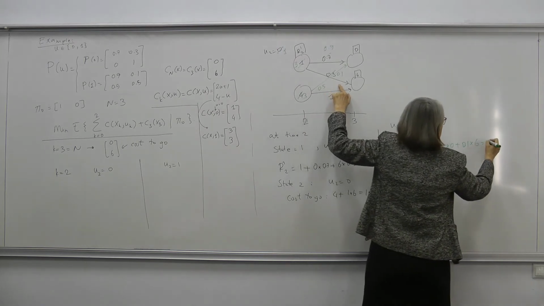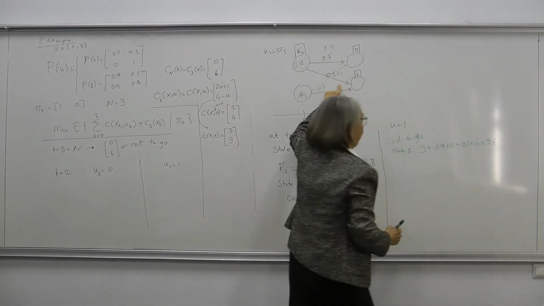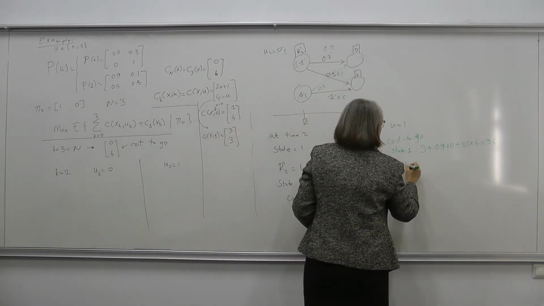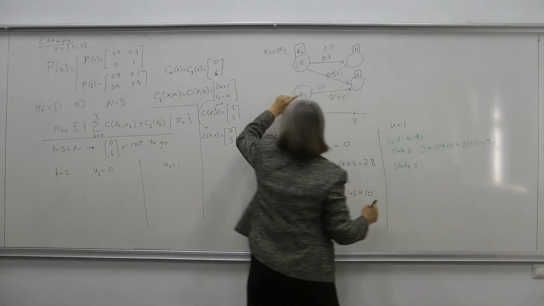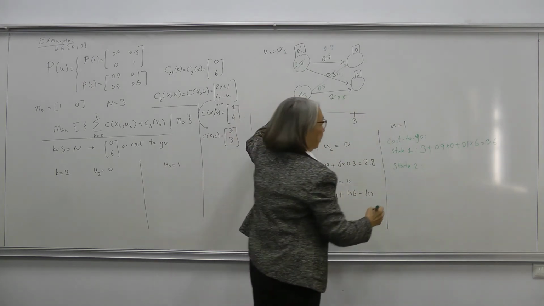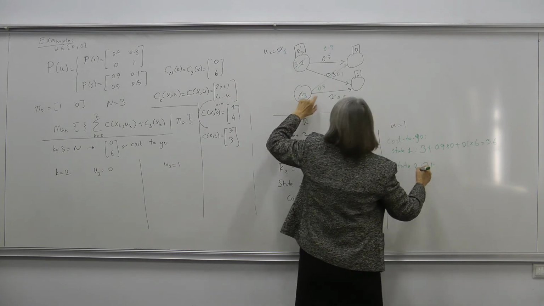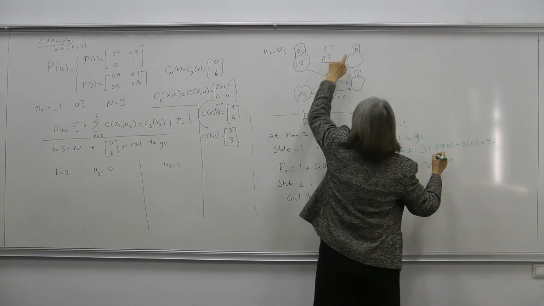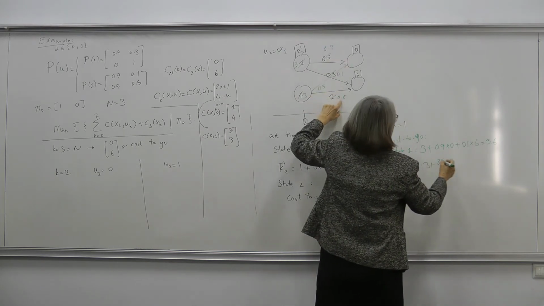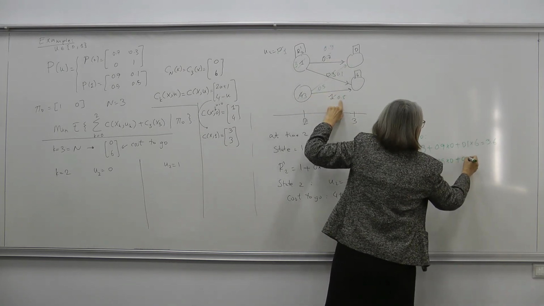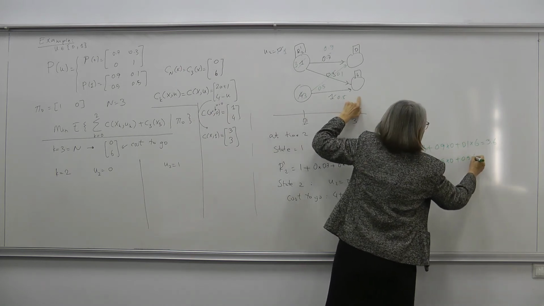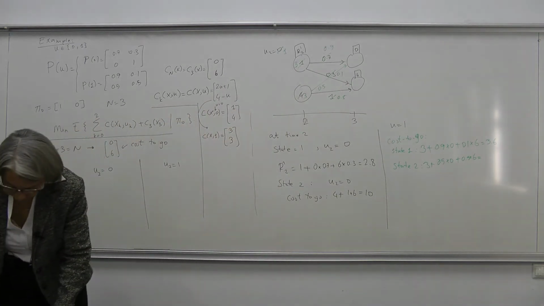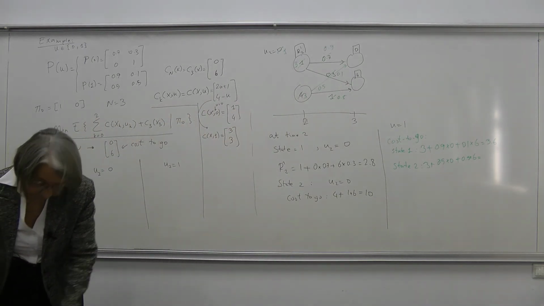That is equal to 3.6. And if we are in state number 2, then the cost to go will be equal to 3 plus 0.5 times 0 plus 0.5 times 6. That is equal to 6, okay?